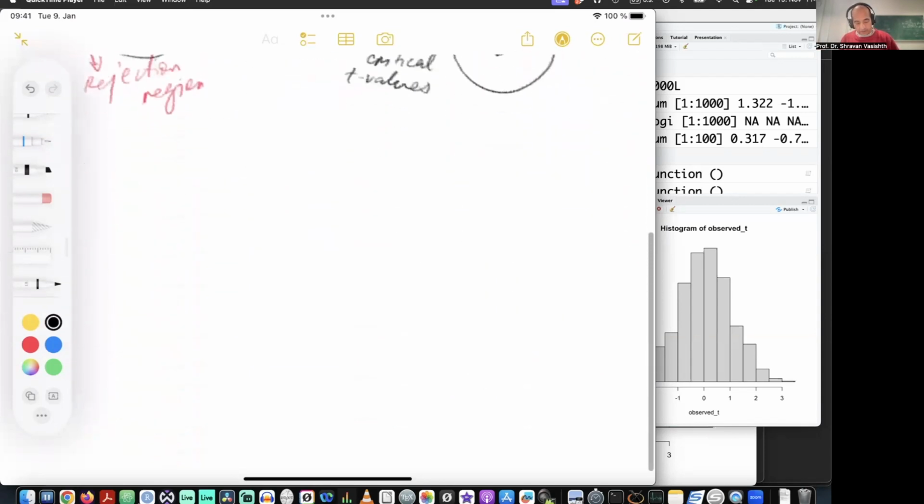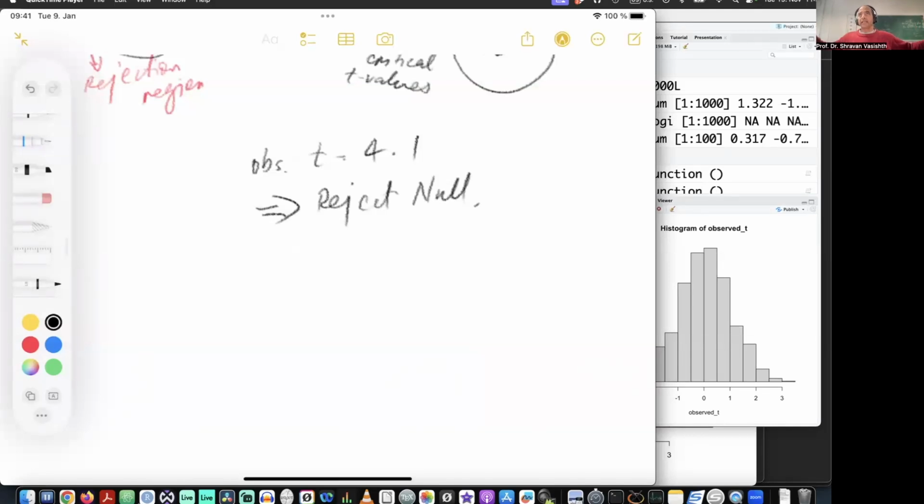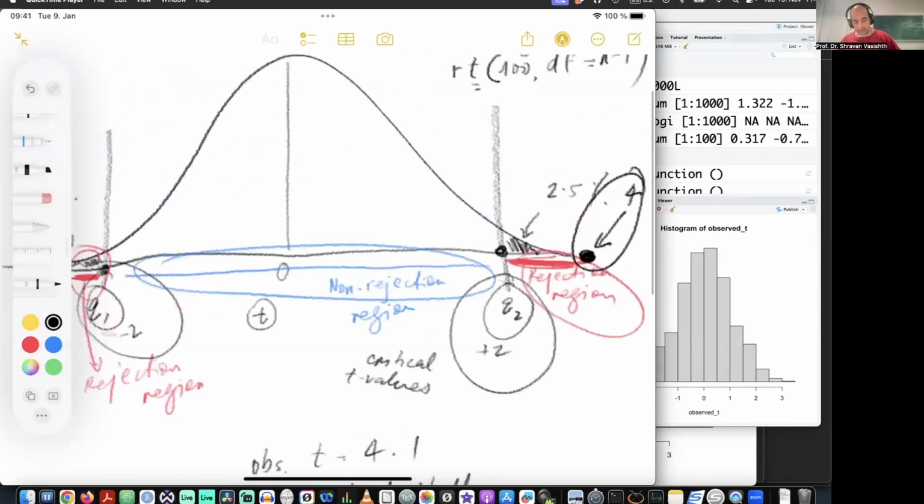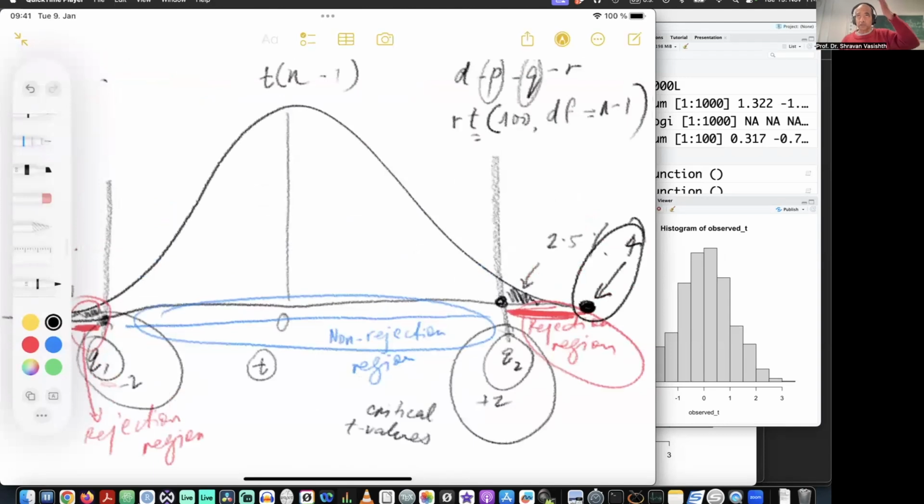The observed t-value is 4.1 something, and that leads to a reject decision, reject null, because the observed value is very unlikely, very improbable, given the null hypothesis distribution, which is described by this distribution centered on 0. That's the idea here.